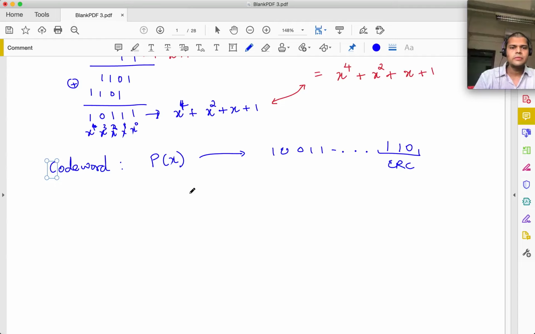Now some of the bits could be in error. So how do I represent the error in this mathematical notation? Let's call the error bit string E of x. What does this E of x look like? Suppose the third bit from this end was in error. It would look like all zeros, but you would have a 1 over here.